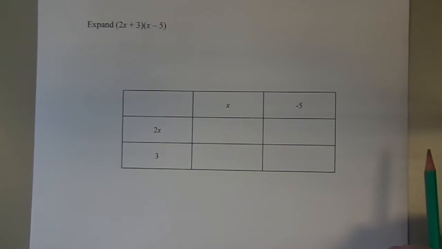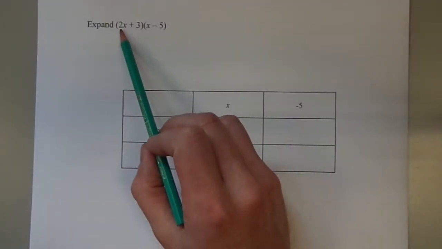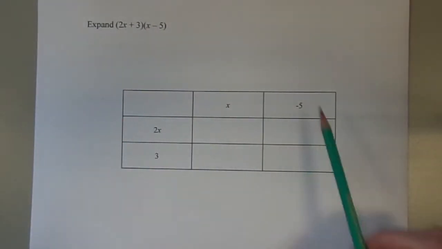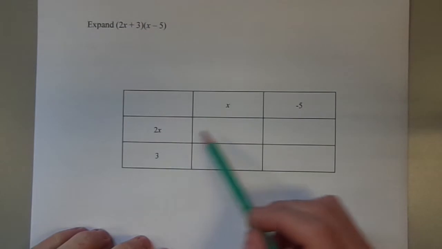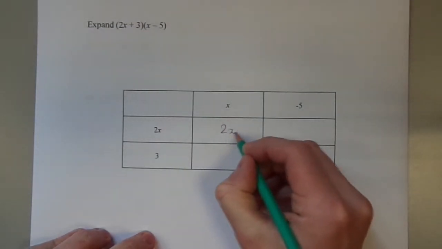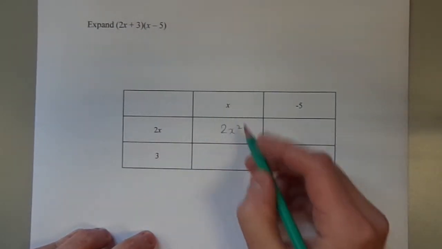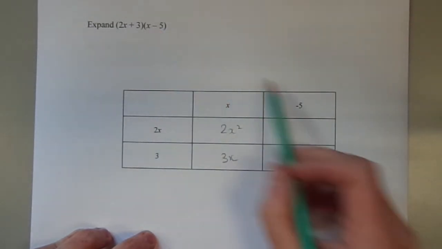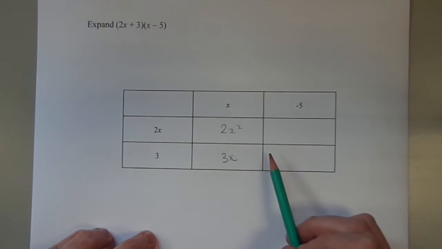Here's a slightly more complicated example, made more complicated by the fact we've got a 2x here, and made more complicated by the fact we've got a negative term, but the grid will really help. 2x times by x is 2x squared. 3 times by x is 3x. Notice, because of the takeaway sign, we've got a negative term here.